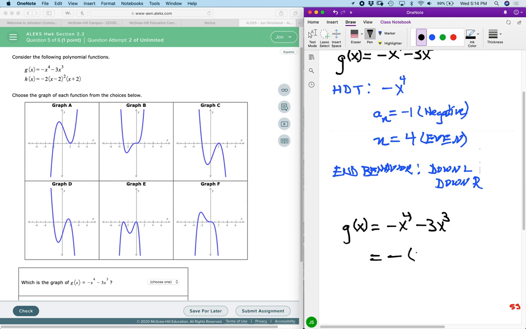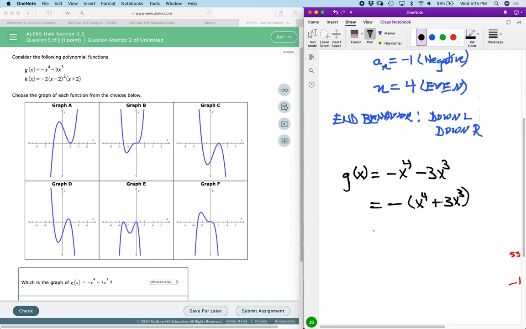So if I factor out the negative, I have the negative of x to the 4th plus 3x cubed. And if I factor even further, greatest common factors, I have x cubed times x plus 3.